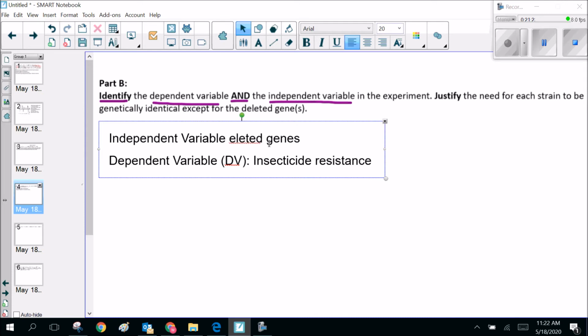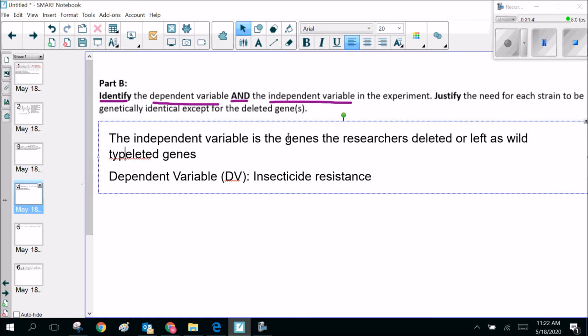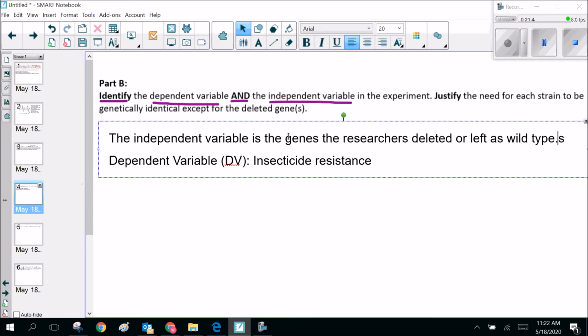Now what this means is that there needs to be a capital letter at the front and a period at the back. So with a few small changes, the independent variable, okay, is the genes the researchers deleted or left as wild type. Okay, so I just elaborated just a bit more and turned that into a sentence.